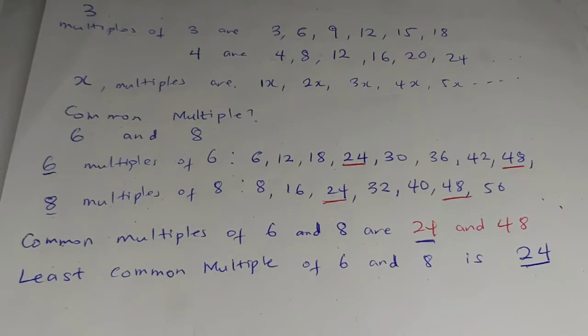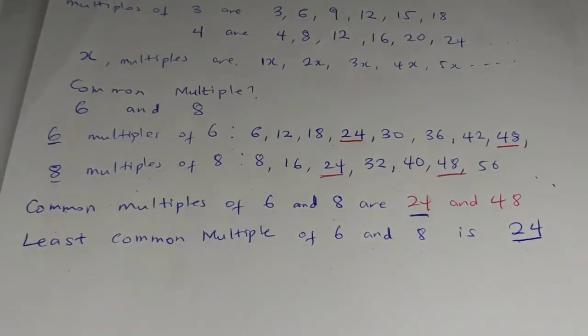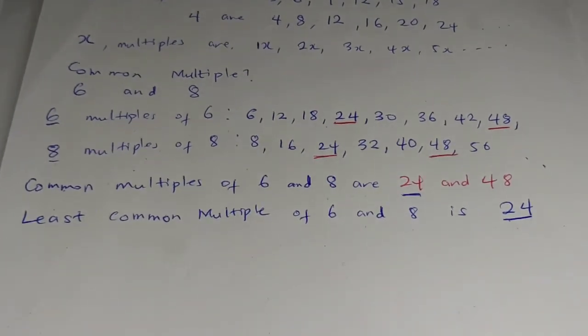Now, with this understanding, how would you define the LCM of 2 or more numbers? We can define the LCM of 2 or more numbers as the smallest integer that is a multiple of these numbers.